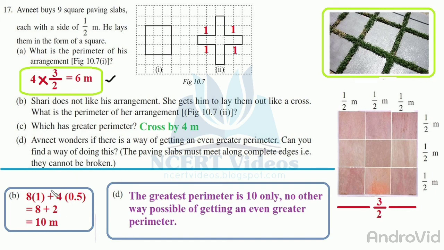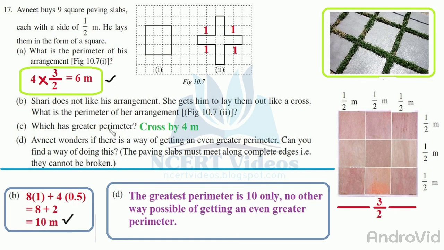So 1 comes 8 times plus half, that is 0.5, 4 times, 1, 2, 3, 4. That will complete the arrangement of Shari's. So 0.5 times 4 is 2.0, and 8 plus 2 is 10 meter.